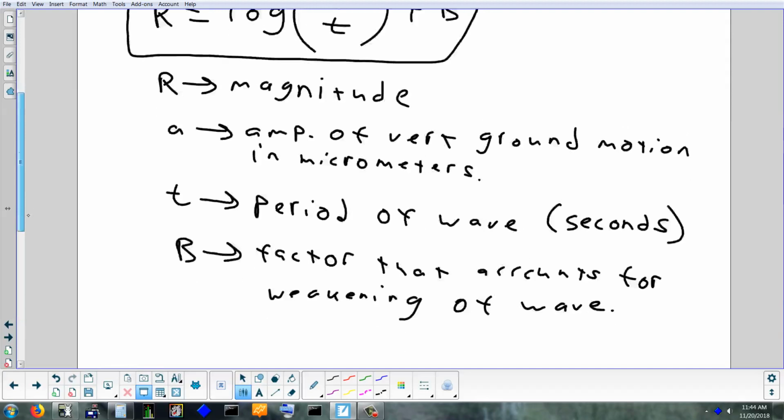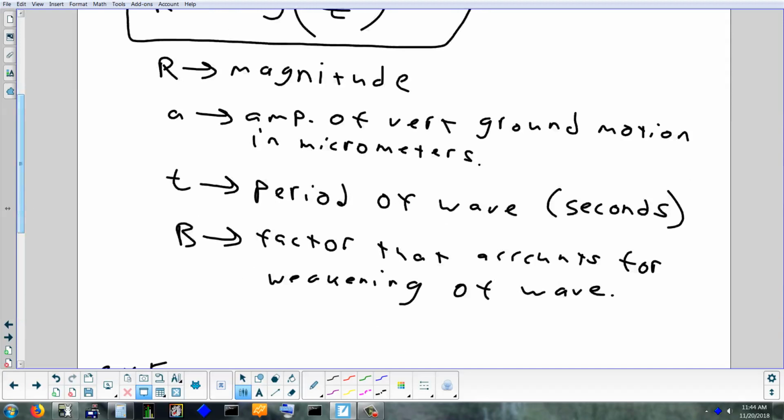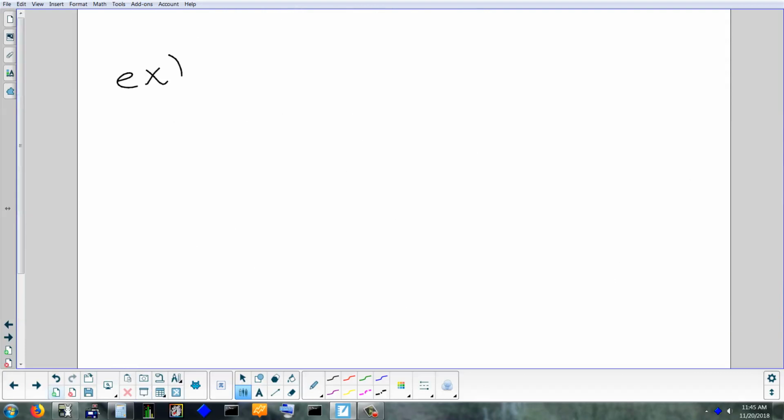Right. So let's look at an example. Okay, any questions on the formula? All right. So let's try this one.